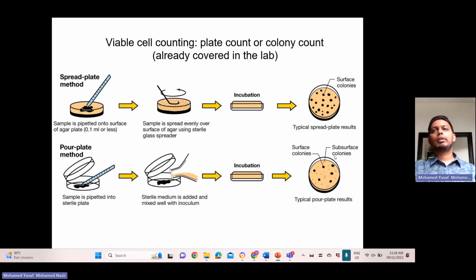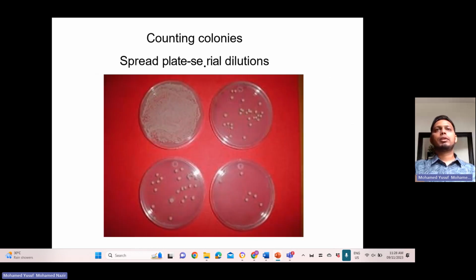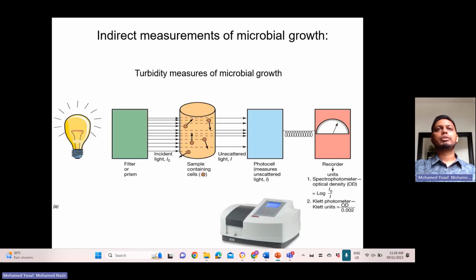So from here, we can identify how many microbes are aerobic and also facultative anaerobic microbes. This is an example of the plate. Without a proper dilution, you will have this many colonies and you will not be able to measure. So we need to make proper dilutions.